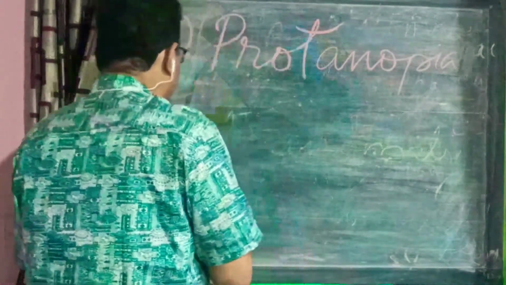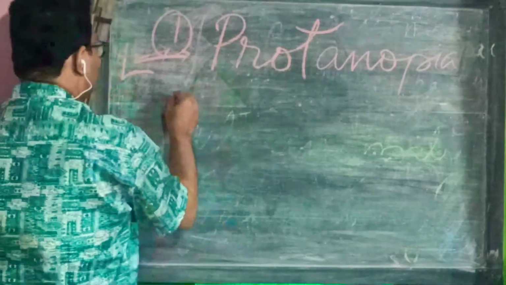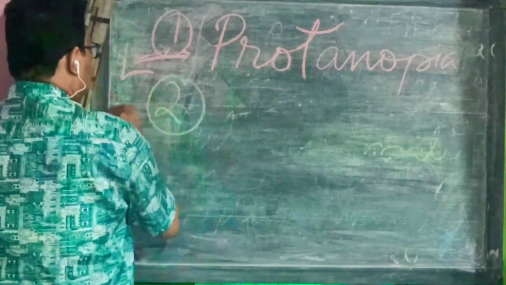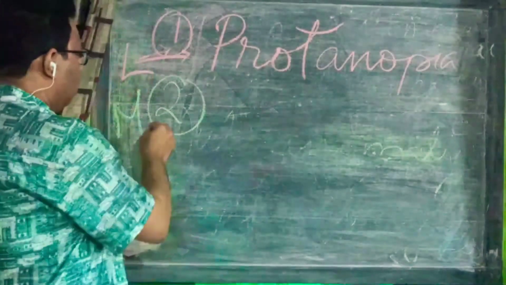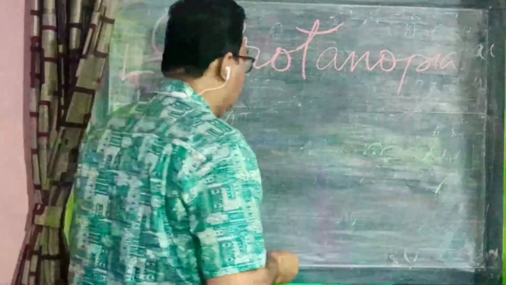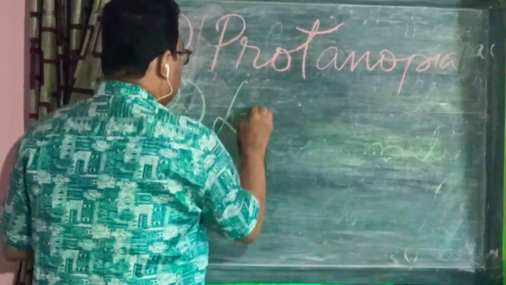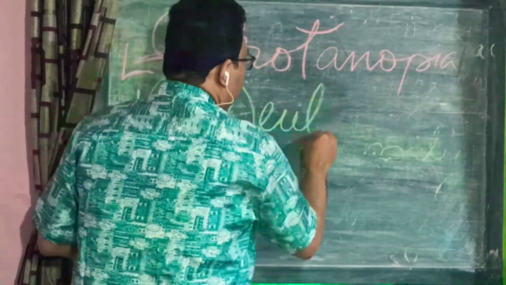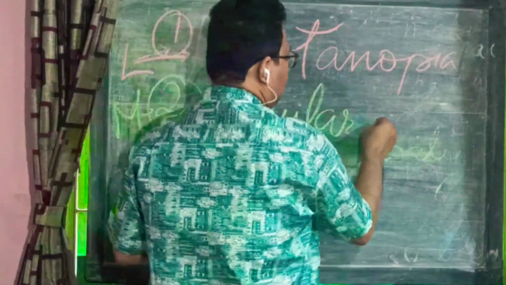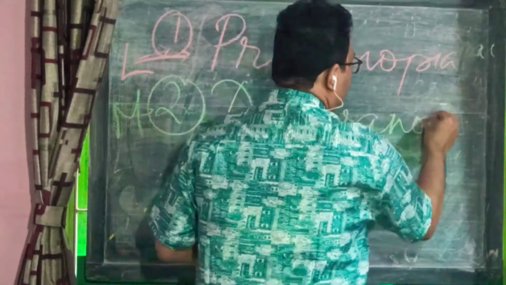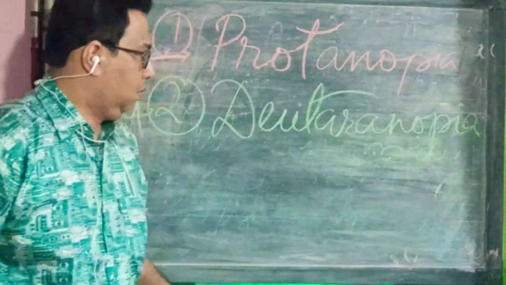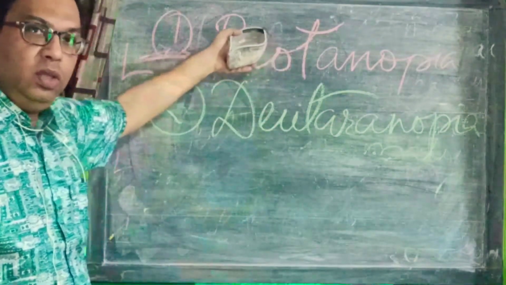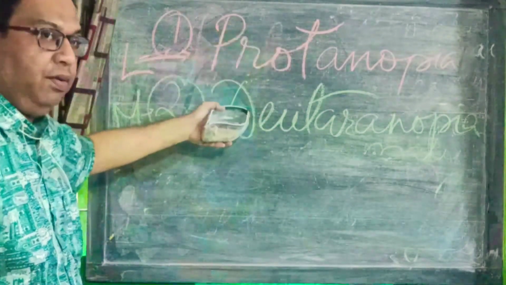The second variety is where the middle frequency receptor cones, or the M cones, might be absent or defective. Deuteranopia. Protanopia, red cones are absent or defective.